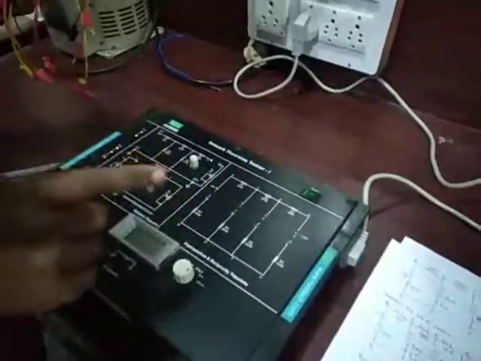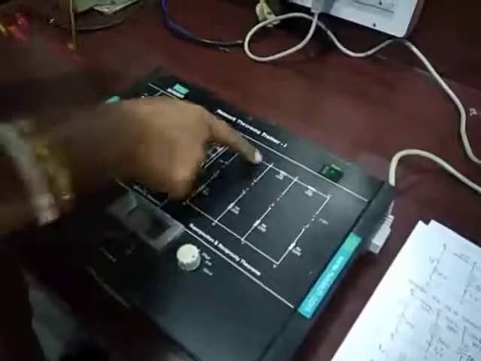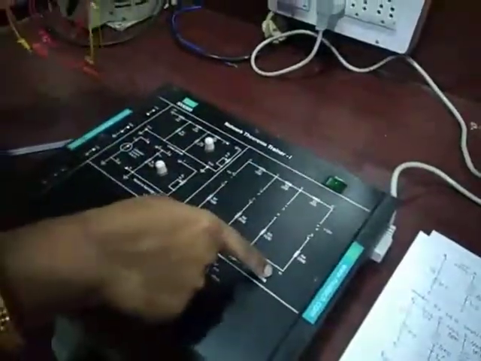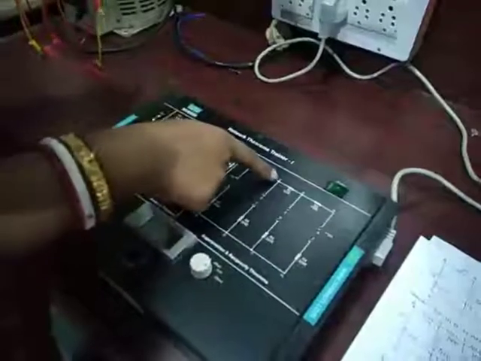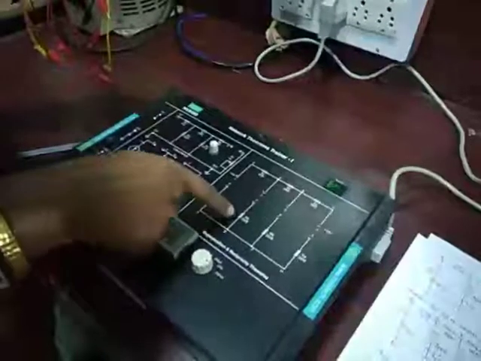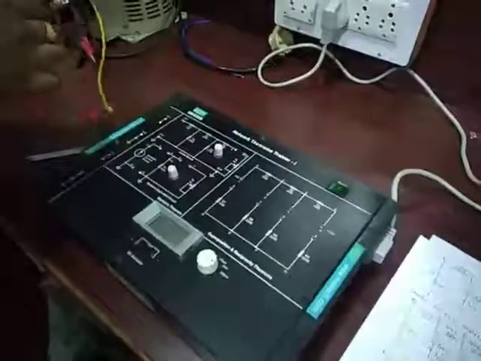Here, students, all the branches are named. This is the AB branch, this is the CD branch, this is the EF branch, this is the GH branch. So our motto is to find the current flowing through the CD branch, or the current flowing through the 200 ohm resistor, by using superposition theorem.